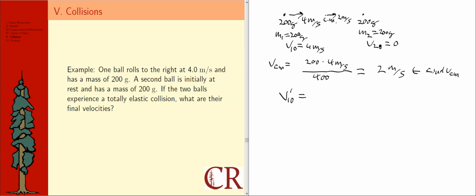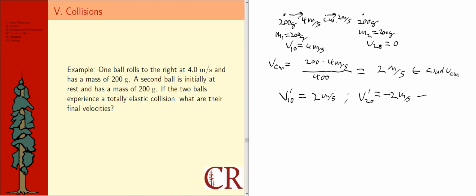So V1 naught prime is the center of mass frame initial velocity of object 1. That winds up being 2 meters per second because it's 4 minus 2. V2 naught prime is going to be equal to minus 2 meters per second. You might notice that since both of them have a mass of 200 grams, this is very symmetric looking.